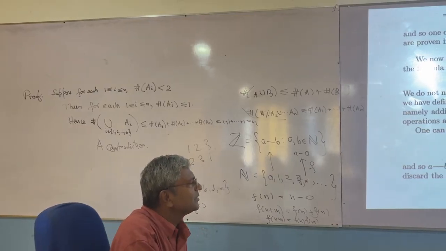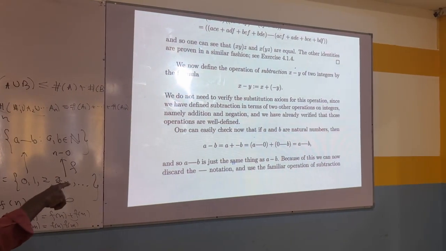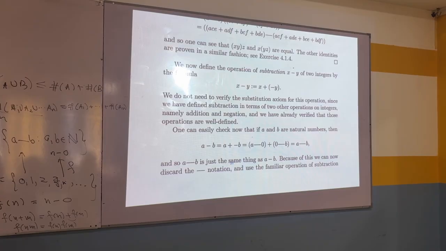So anyway, here, I mean A minus B. The only thing is this: he has written this minus sign for the natural numbers. No, sorry, integers.